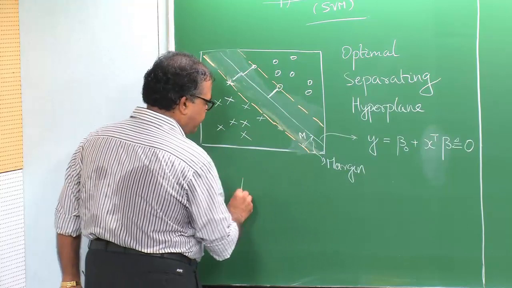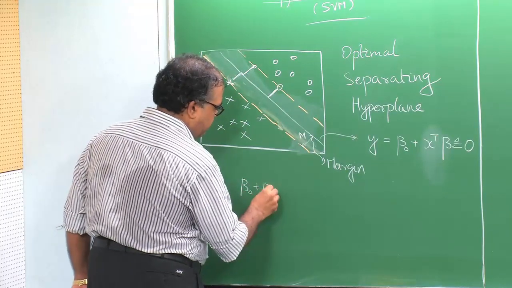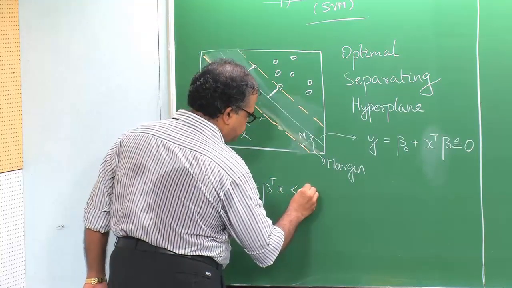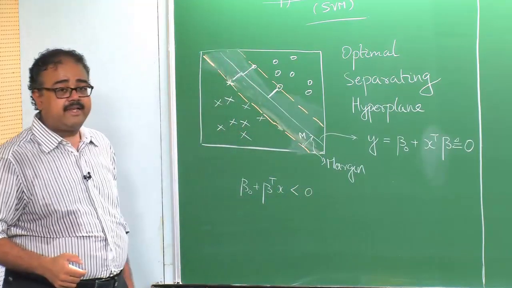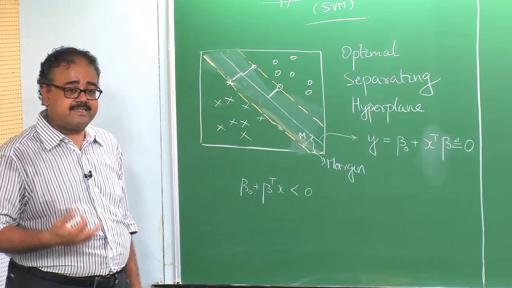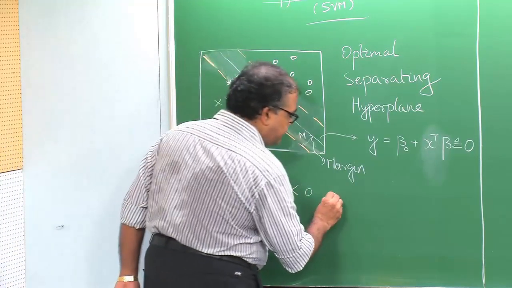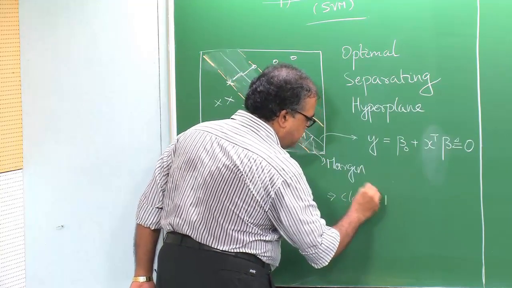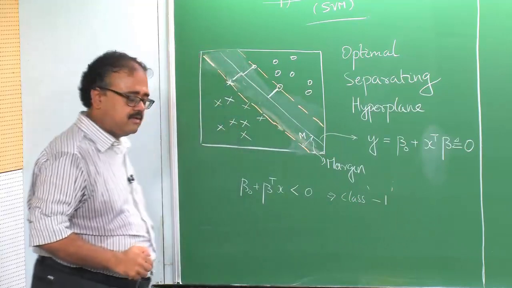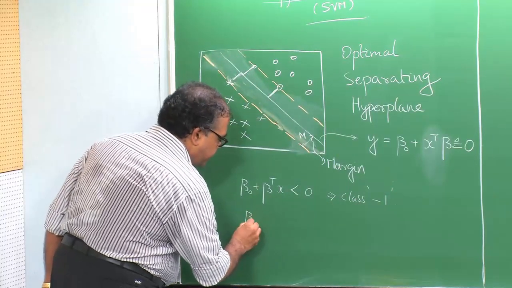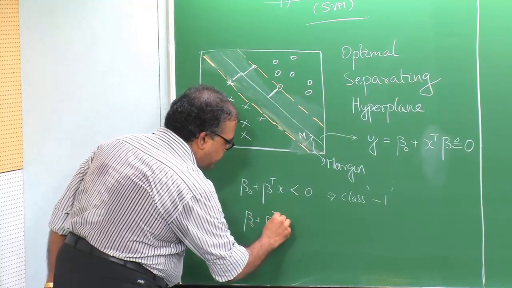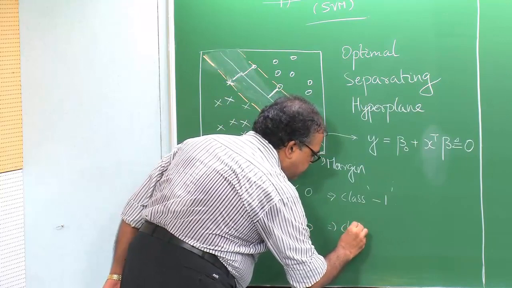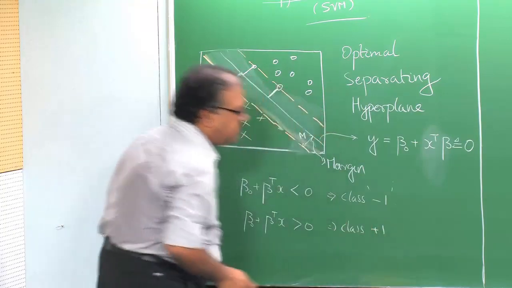If beta naught plus beta transpose x is less than 0, we are going to say that x is of class minus 1, and if beta naught plus beta transpose x is greater than 0, we will say that it is class plus 1.